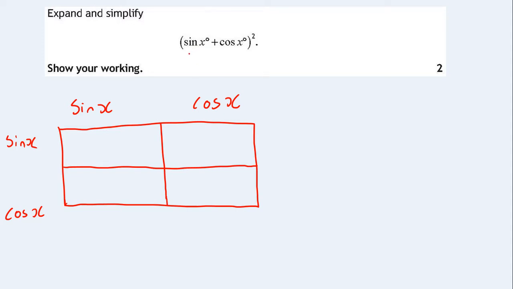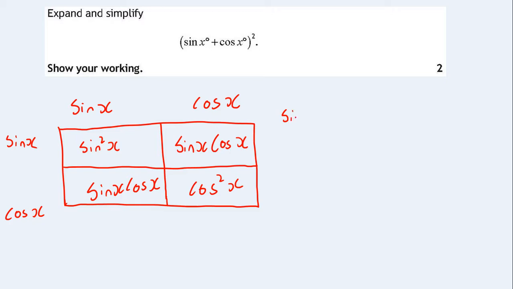So we're doing sine x times sine x first. We're doing sine x times cos x, which we just write like this, sine x cos x. Again, we're going to do cos x times sine x. So we're going to write that as sine x cos x, and then cos x times cos x is going to be cos squared x.